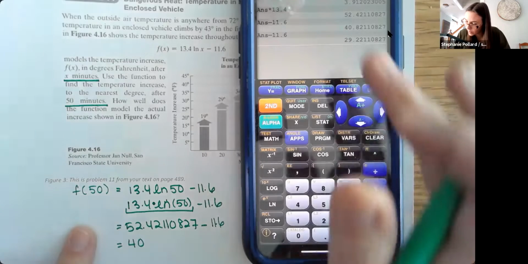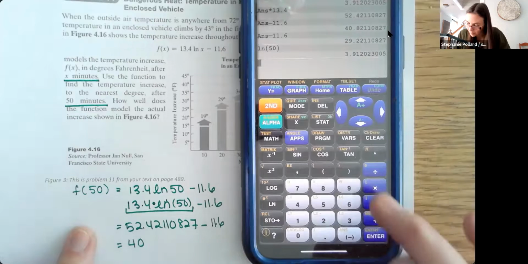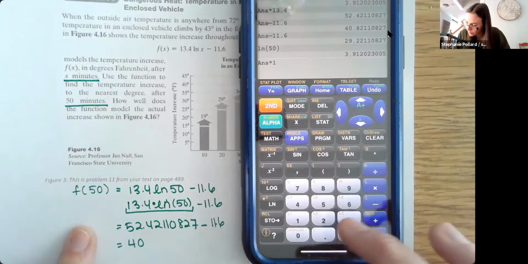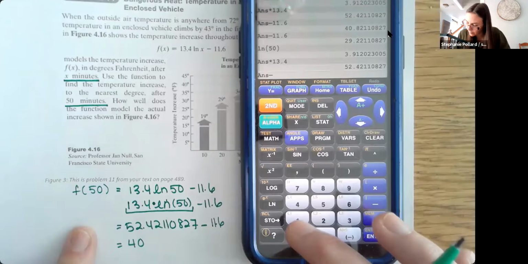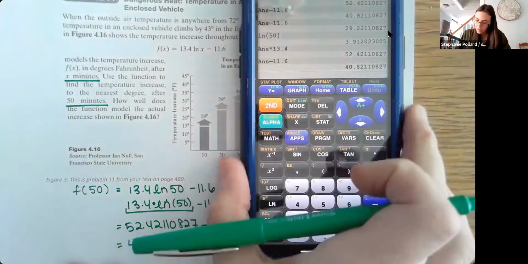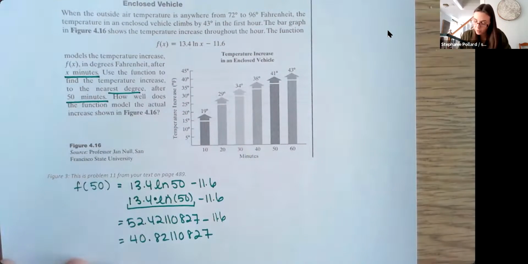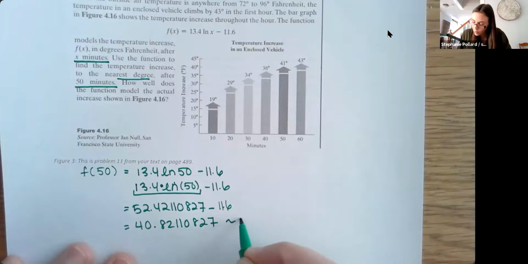Oops, sorry, I meant to only do it one time. Let's do that again. Natural log of 50 times 13.4 minus 11.6. So 40.82110827. Now this asks us to the nearest degree, so that would be the nearest one or nearest whole. So it's about 41 degrees.